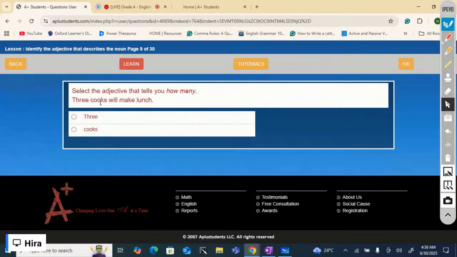Three cooks will make lunch. Select the adjective that tells you how many. Three cooks will make lunch.